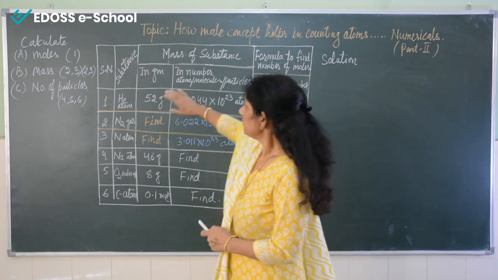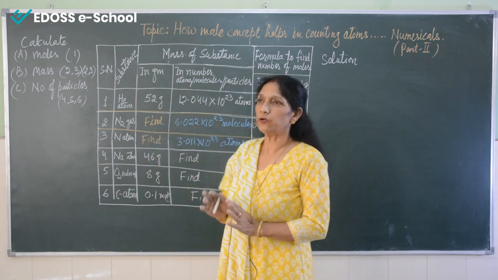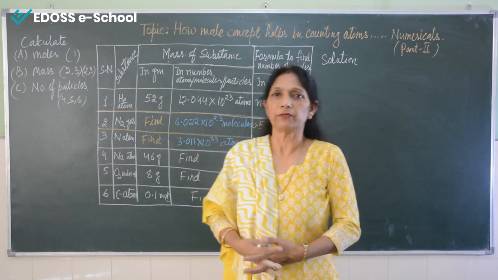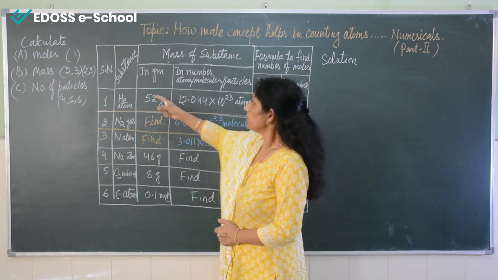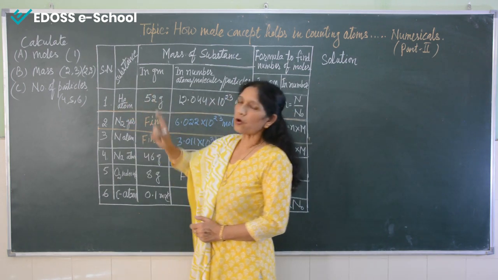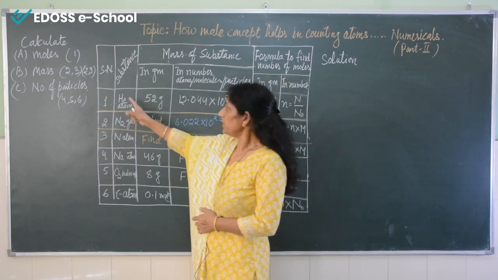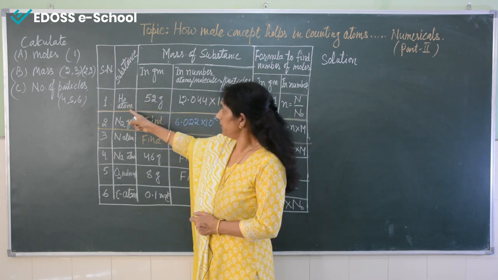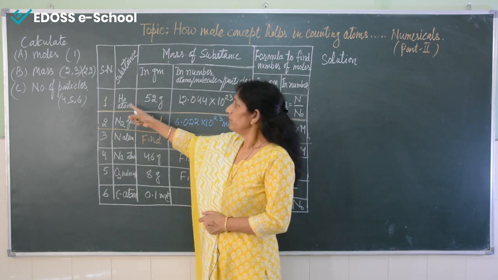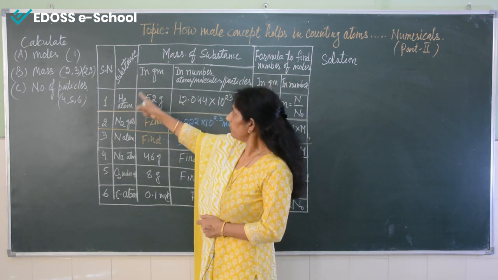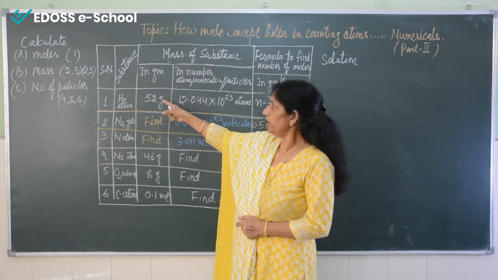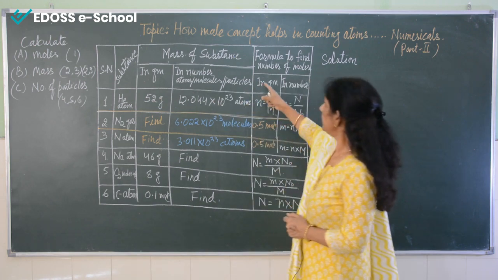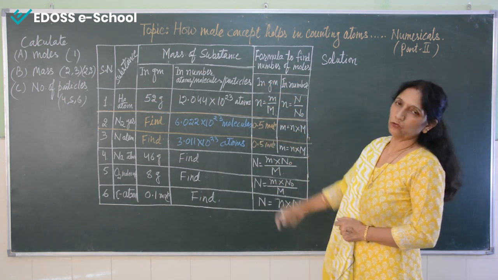Okay, see here, first numerical. We know what a mole is, we have already understood it in our previous video. If I am talking about a helium atom, one atom of helium, and it weighs 52 gram, we have to find the number of moles.